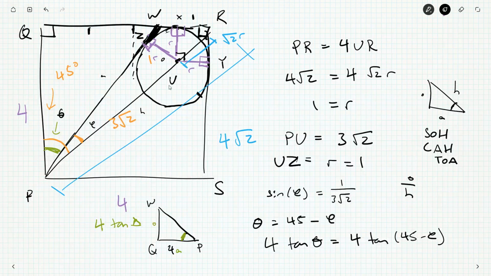UZ is just the radius, which is 1. I see. I see what I did.